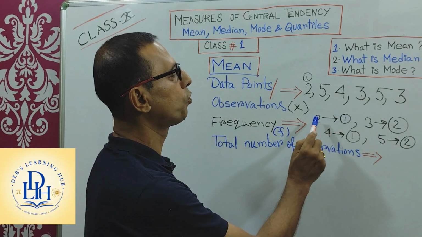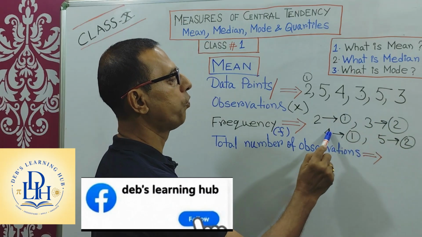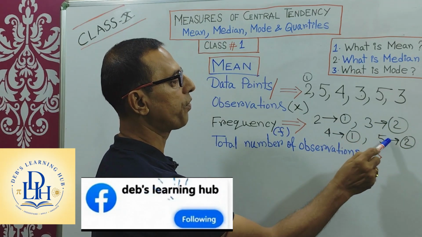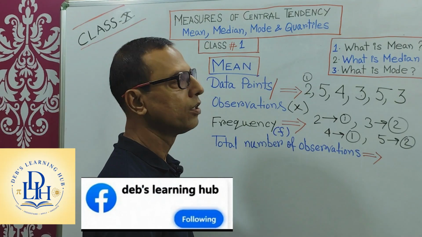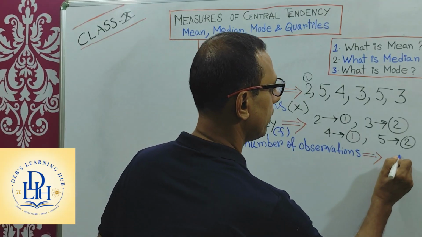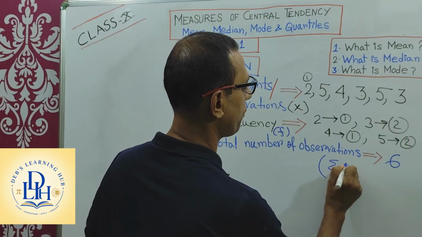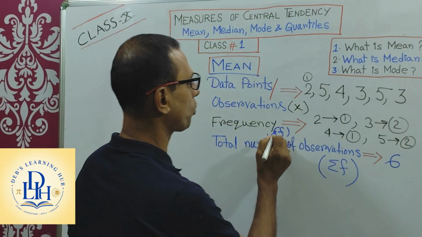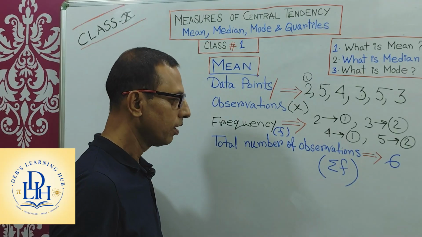You have 2 once, 3 twice, so 2 plus 1 is 3, 4 once, 3 plus 1 is 4, and 5 twice, 4 plus 2 is 6. So the total number of observations is 6. This is nothing but the summation of F. So the total frequency is the total number of observations, right?